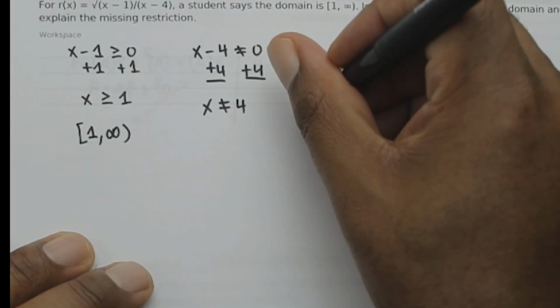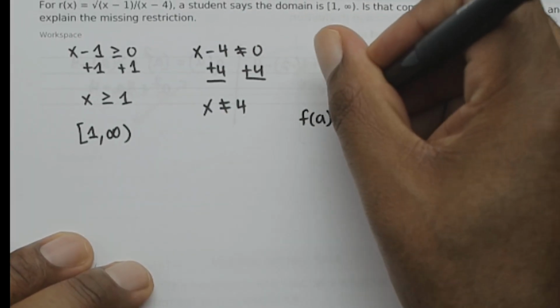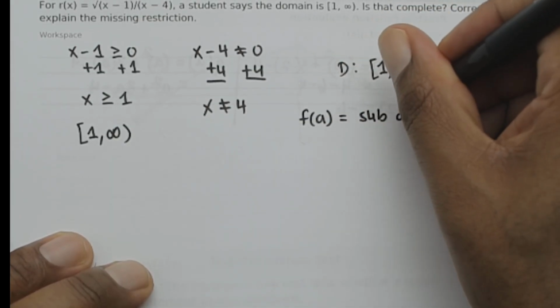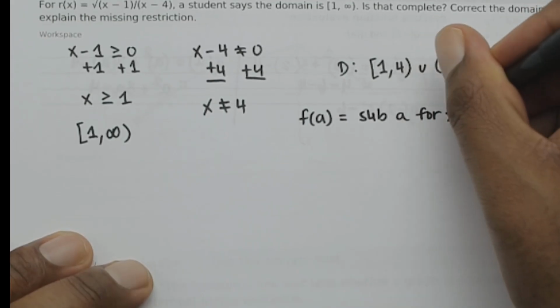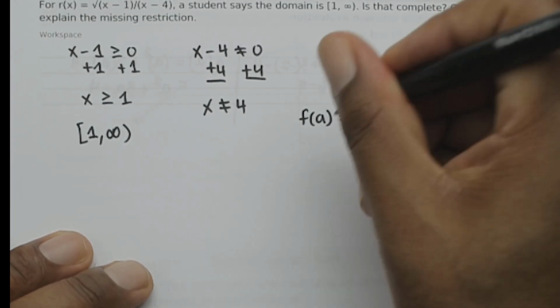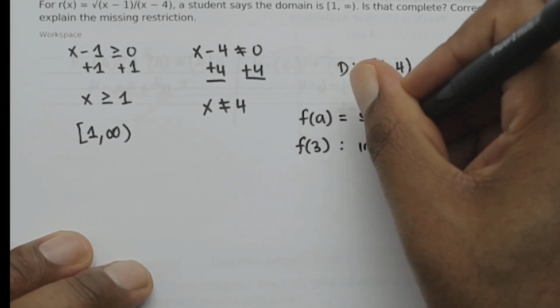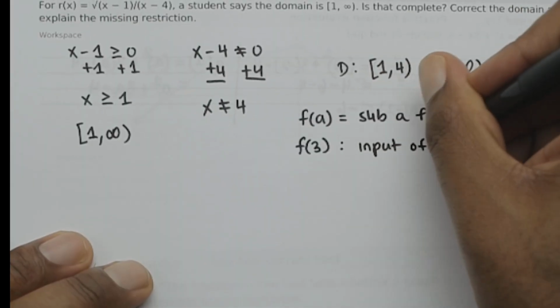We looked at f of a. It means substitute a for x. We also looked at f of 3, and that means an input of 3.